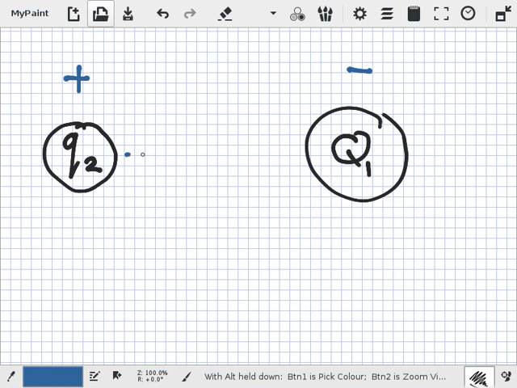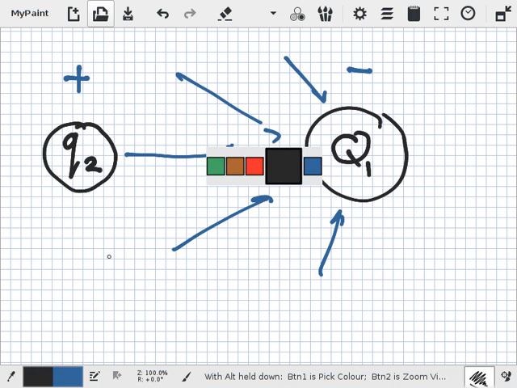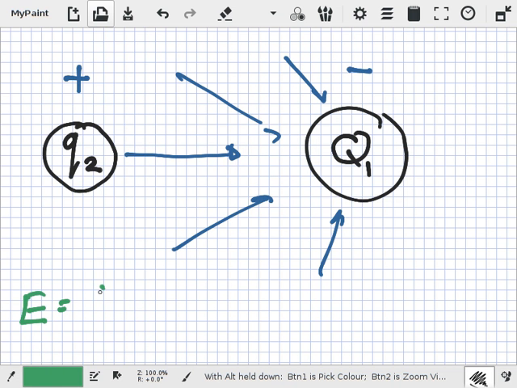So this will be pulled towards this one here. Agreed? So there's a field around this Q1. And do you remember what the strength of the field is? Yes, it's K, which is 1 over 4 pi epsilon 0, Q1 over R squared.